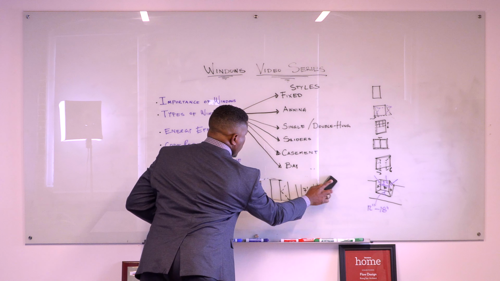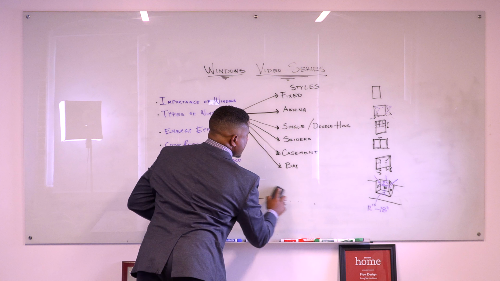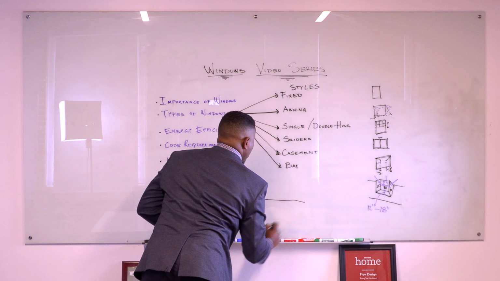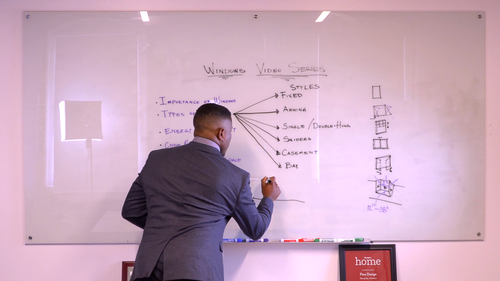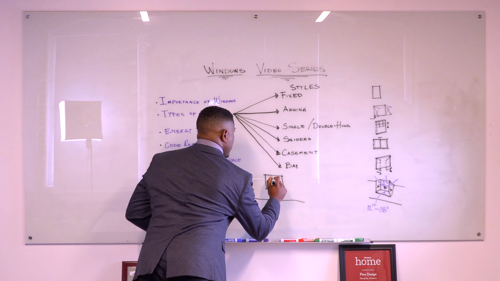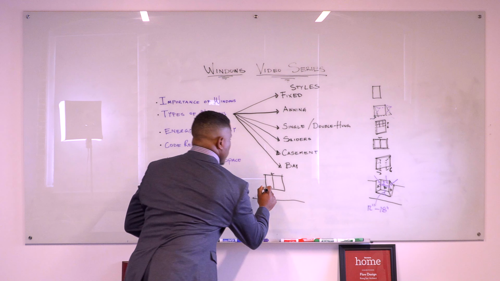You could also, let's say, have a kitchen looking into your backyard. Once again, you could have a sliding window.